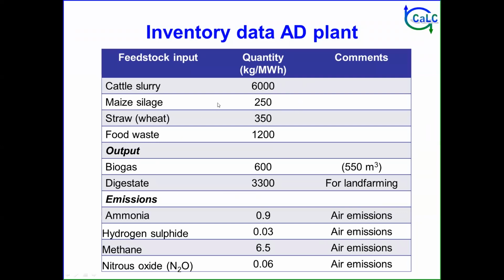This AD plant itself would generate 600 kilograms, or 550 cubic meters, of biogas, which goes to the CHP plant. And then there is a digestate for land farming. The emissions during the AD plant are also listed here, all as air emissions: ammonia, hydrogen sulfide, methane, and nitrous oxide.